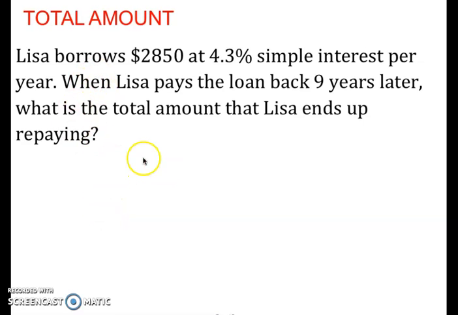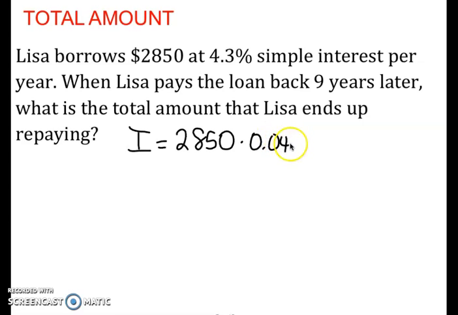So we need to figure out, when you borrow money, you have to pay back with interest. Banks do not let you borrow money and just say whenever you get around to it, you pay them back. So we have to figure out how much interest she is going to pay on the amount she borrows. So she borrowed $2,850 at a 4 3/10% interest rate for 9 years.